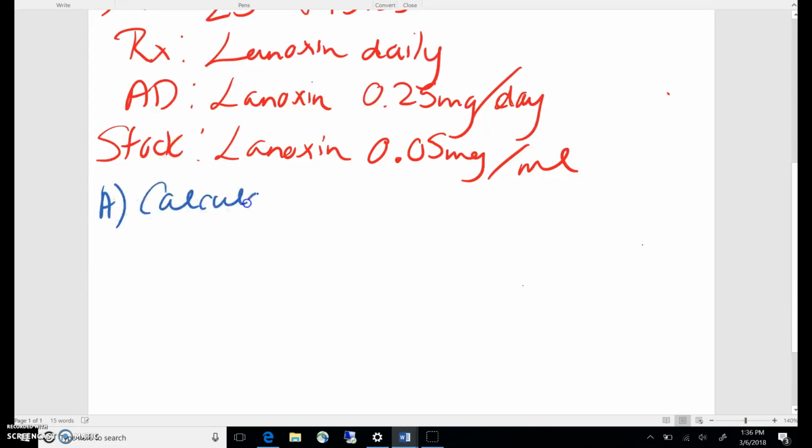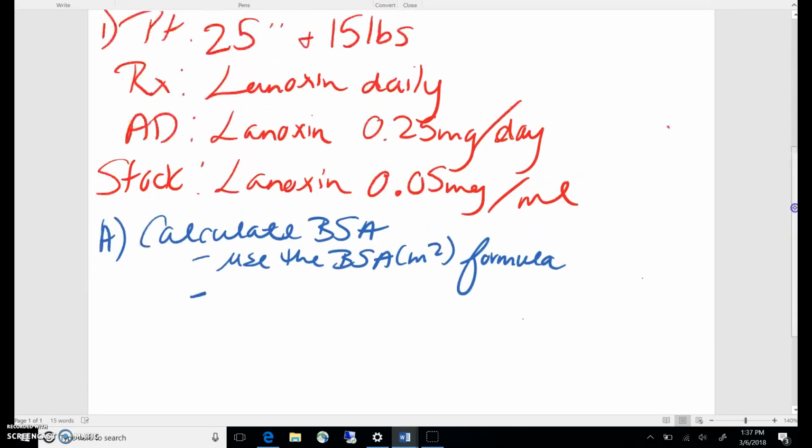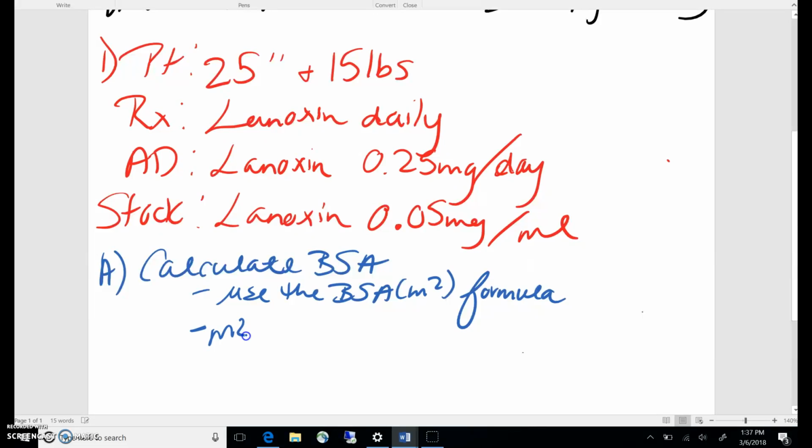So the first question, A, says to calculate body surface area. Well, we're not going to use the nomogram. In order to do that, you're going to use the body surface area formula, where you take that patient's height in inches times 15 pounds over 3131.